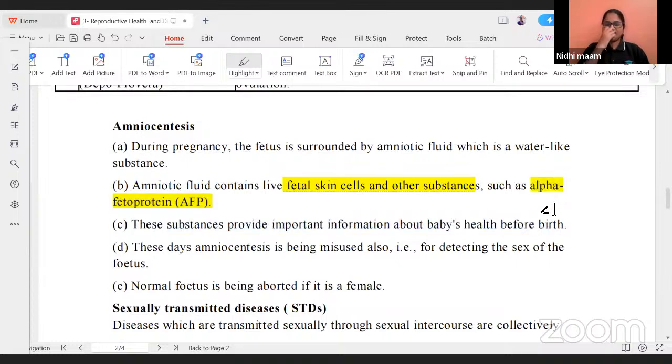By studying this, they understand the condition of the fetus. These substances provide important information about the baby's health before birth. These days, amniocentesis is being misused to detect the sex of the baby, which is actually banned. A normal fetus is being aborted if it is female. This is regarding amniocentesis, right?